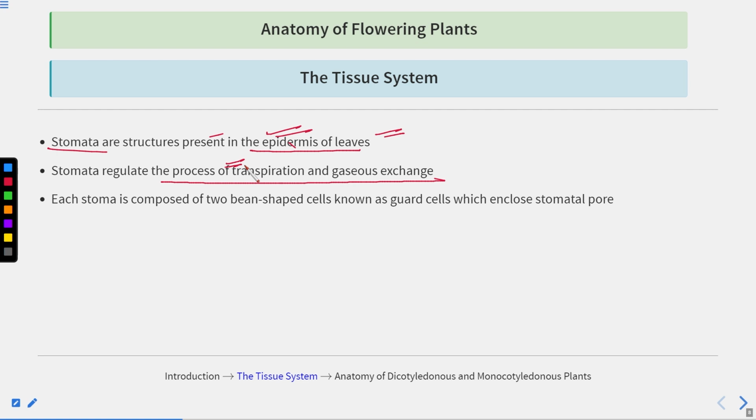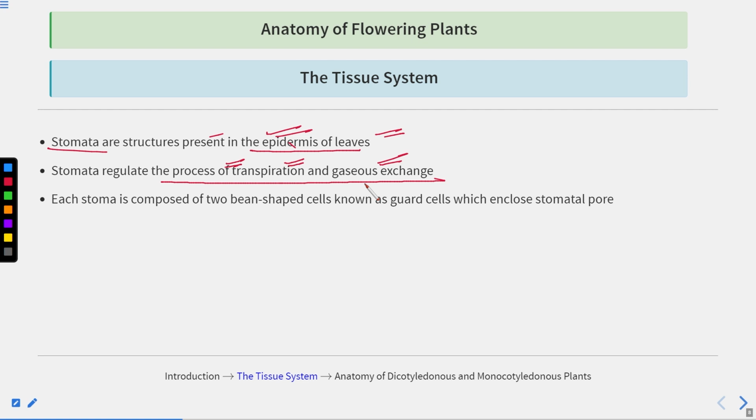So when there is a lot of water, the stomata open to let some of the water go, and it also causes gaseous exchange. For the process of photosynthesis, there is a requirement of raw material in the form of gas, that is carbon dioxide. So carbon dioxide is taken in when the stomata open.